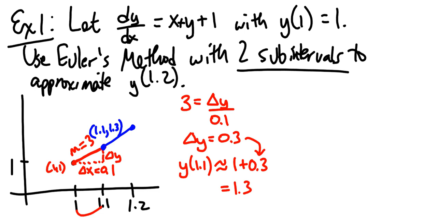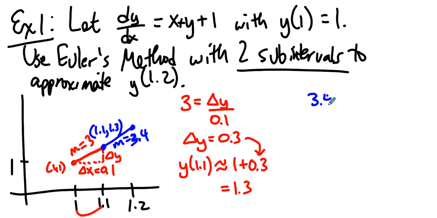And then second verse, same as the first. We figure out what the slope of this line is. And the slope of this tangent line is the x value plus the y value plus 1. 1.1 plus 1.3 plus 1. That's 3.4.